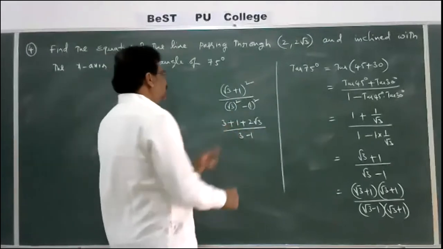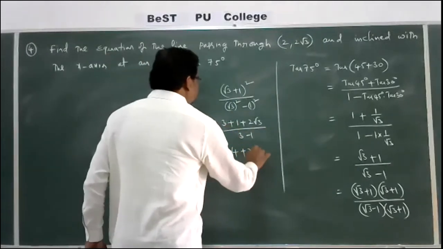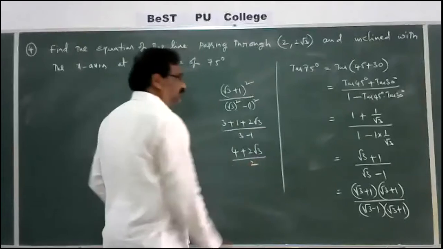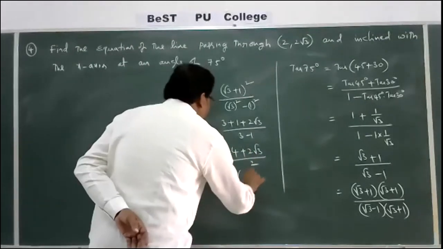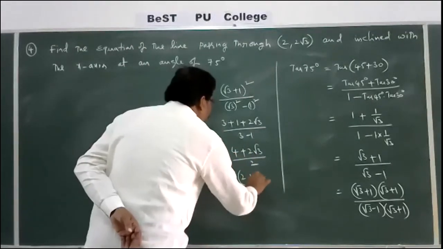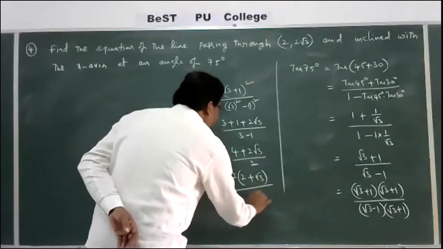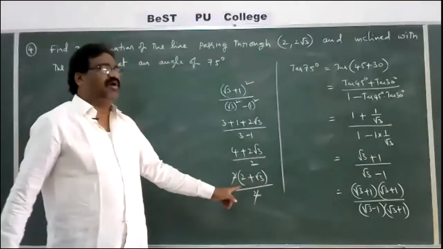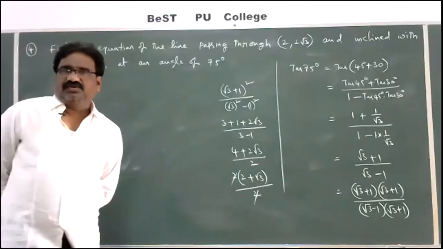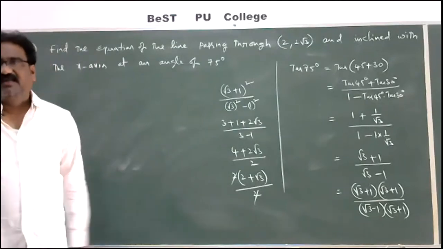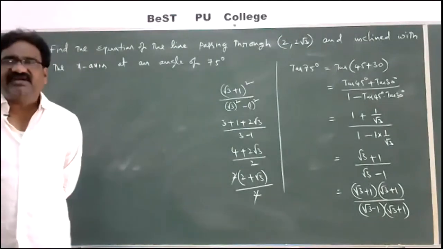So 3 plus 1 is 4, plus 2 root 3, by 2. In the numerator take 2 common: 2 into 2 plus root 3 by 2. The 2 cancels. At last you get 2 plus root 3. So 2 plus root 3 is the value of tan 75 degrees.